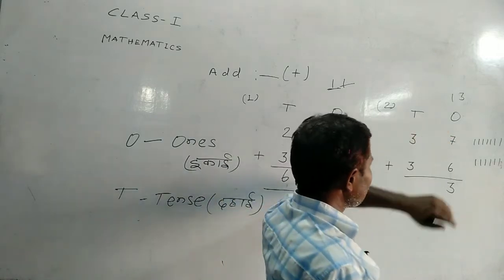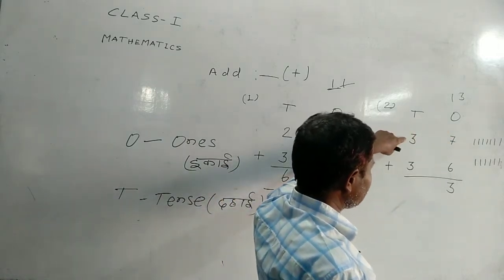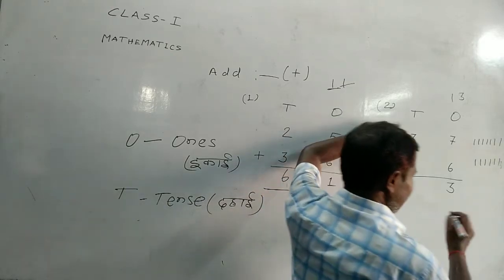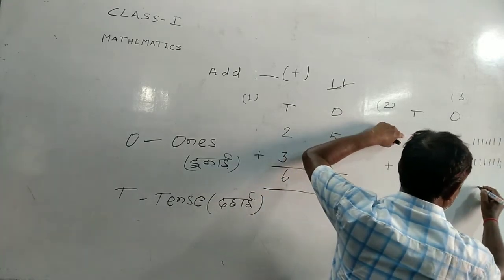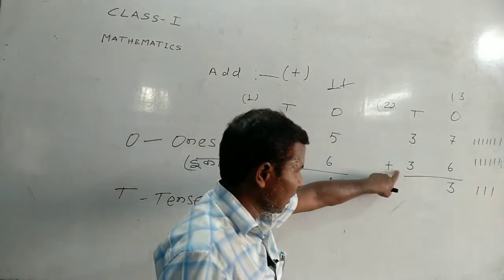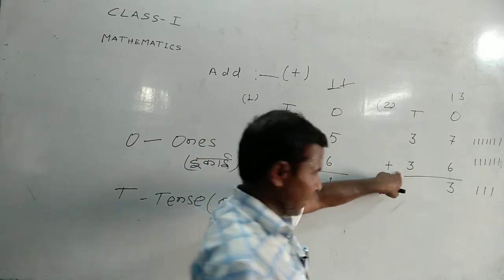Now find out the sum of 3 and 3. Draw 3 lines. 1, 2, 3. And under 3 is also 3.